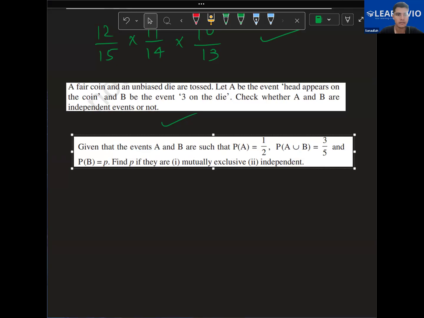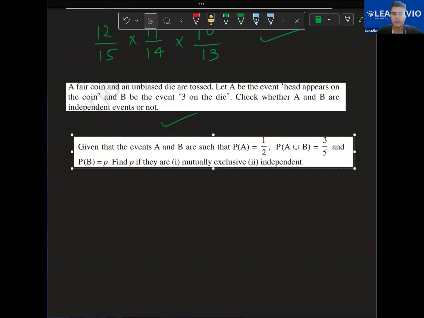Okay, after this topic, we have Bayes' theorem, right?